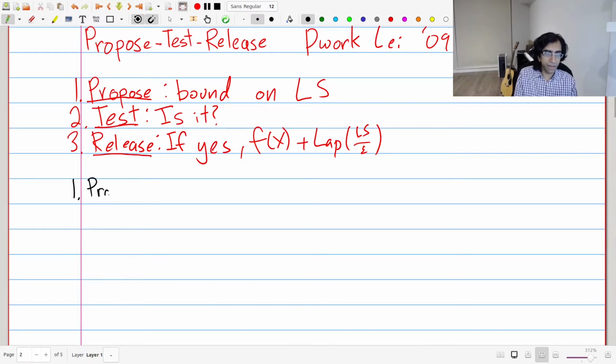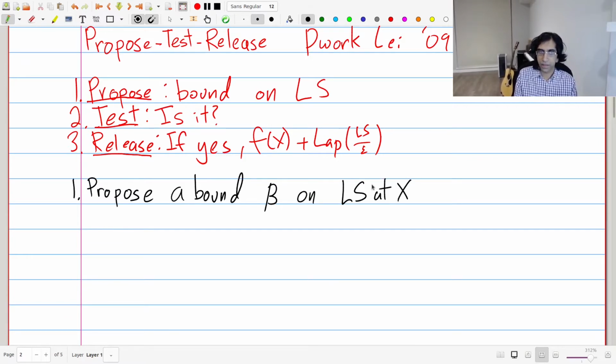So the first step is to propose a bound beta on the local sensitivity at x. Essentially we guess a specific quantitative value beta. And then this is where it diverges a bit from the vague description above.